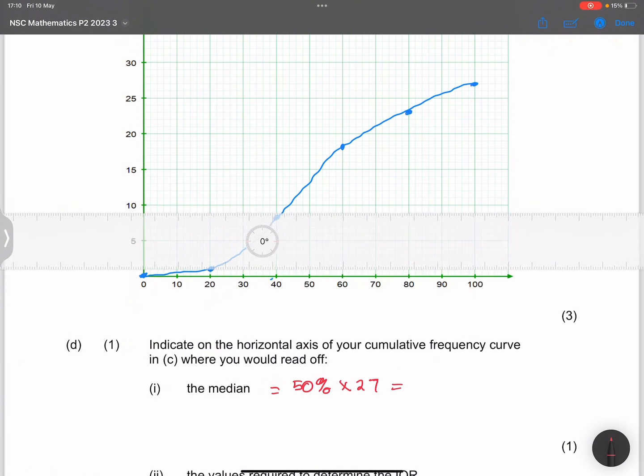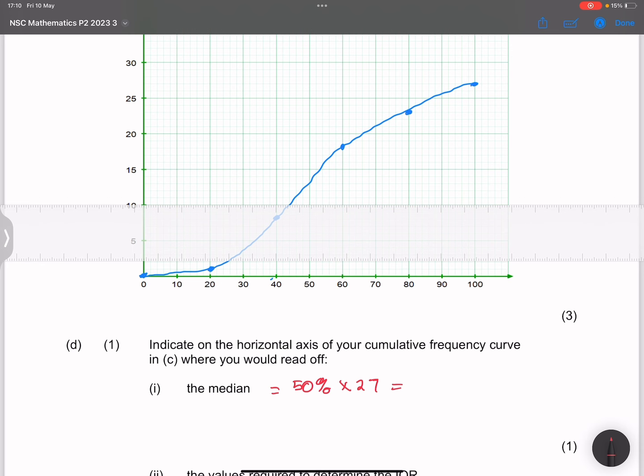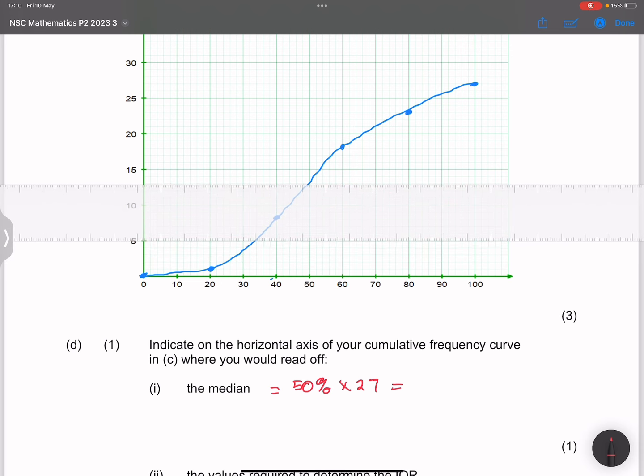So that's 10, that's 11, 12, 13, but it's at 13.5. So there's 13.5 over there. I'm going to try to be as accurate as possible. Let's bring the ruler down a little bit. So there is my 50th percentile.